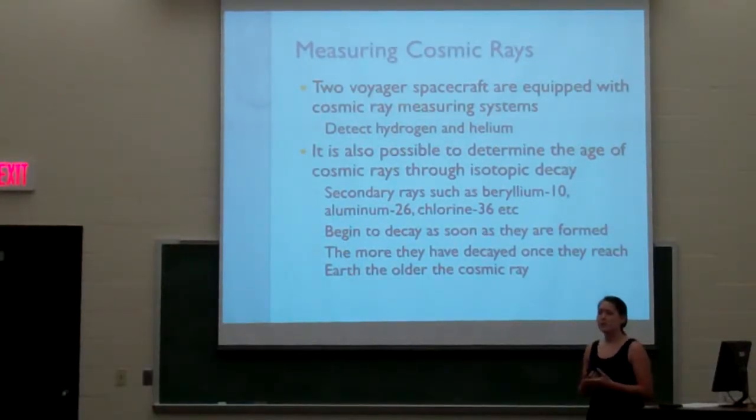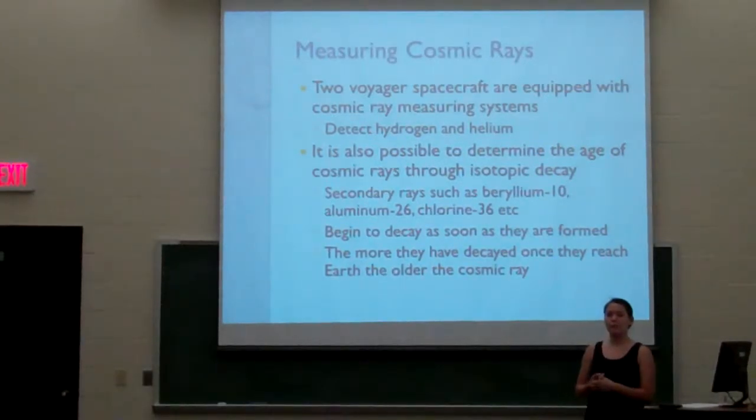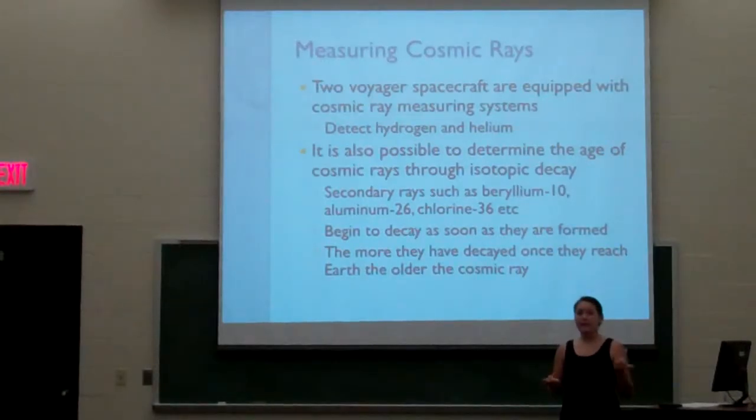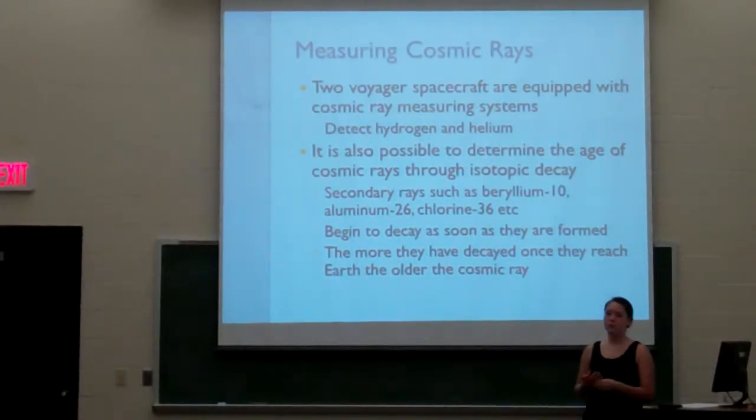It's also possible for us to deduce the age of some of the secondary rays, which I will talk about later, such as aluminum-26, chlorine-36, and others. They begin to decay as soon as they're formed. So when they reach Earth, if they've decayed more, the rays are considered older than if they've decayed less.